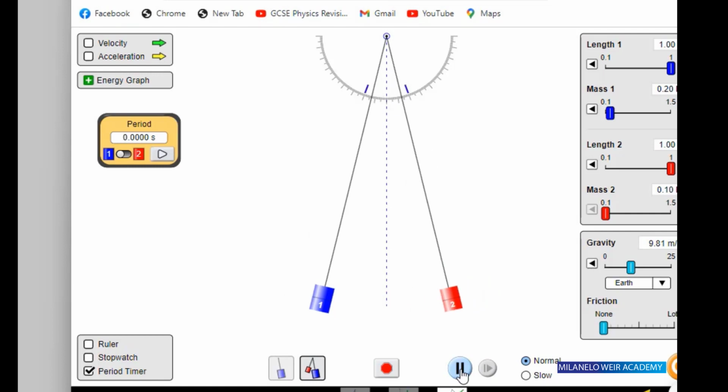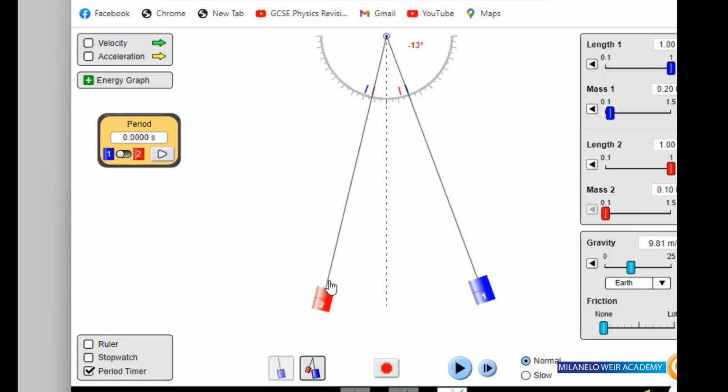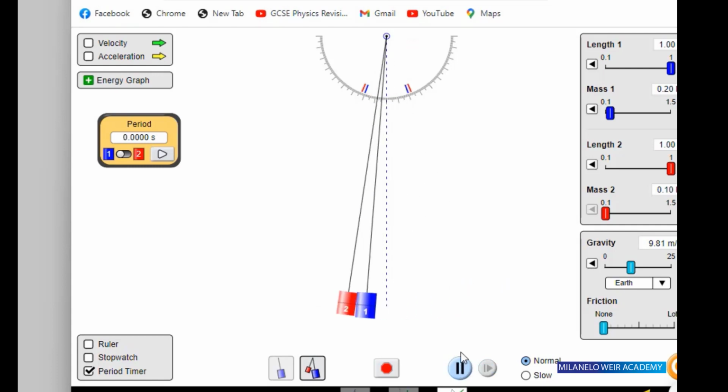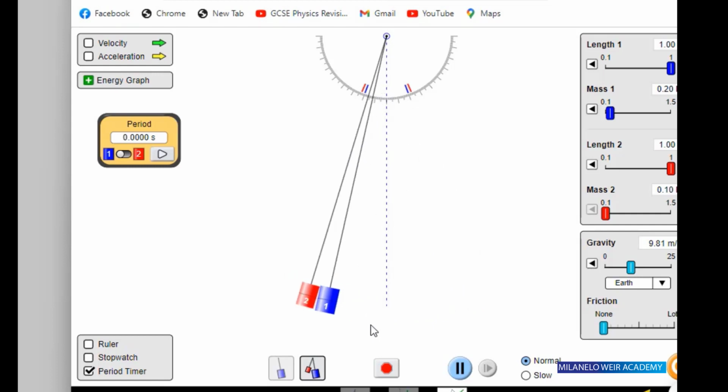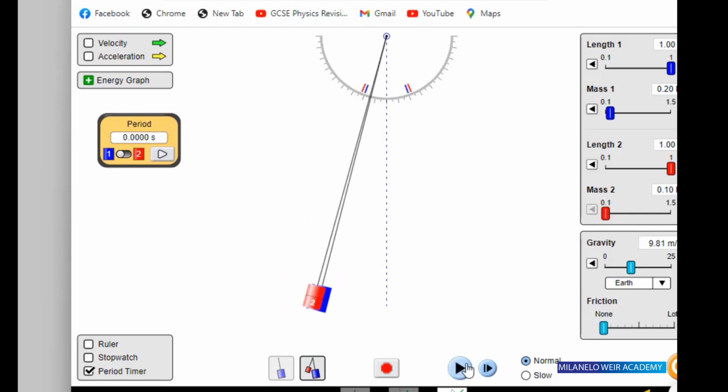So let them swing. As you can see, they are swinging. I can start another one here and let them swing. See, they are swinging, right? So the masses are the same. They have to be the same. So let me stop it.